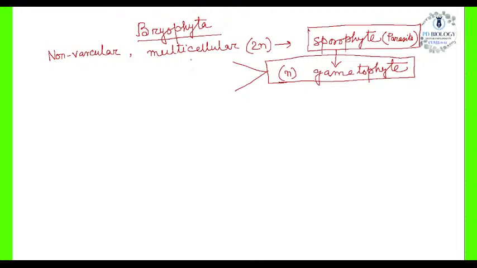The male organ is called antheridium and the female jacketed sex organ is called archegonium.